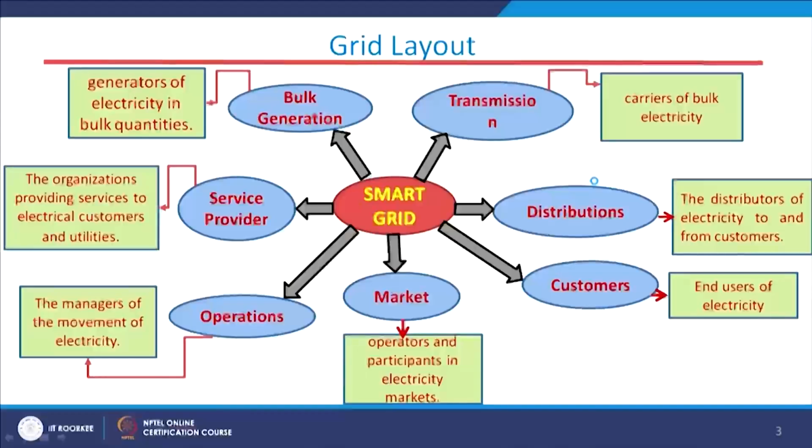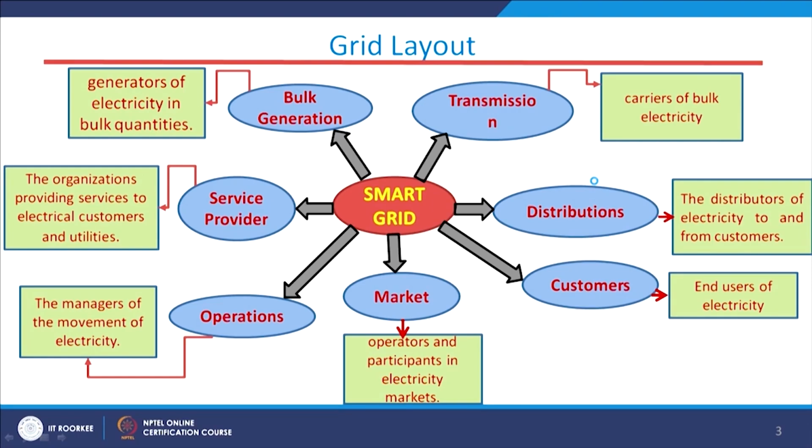In this case we also have wind generation and solar generation systems. The major role of this bulk generation system is to generate electricity in bulk quantities. And after this, the generated electricity or power is transferred to the transmission network, then the distribution network, and then the customers.